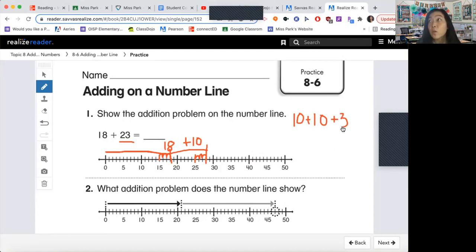That is what's going to give you 23. I'm going to go up another 10. So we're at 28 right now, plus 10 would get you to 38. So I'm going to find 38. This is 35, 36, 37, 38.